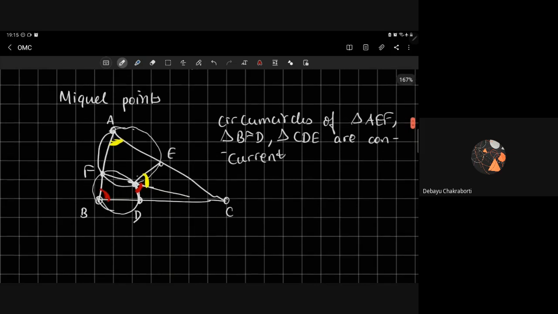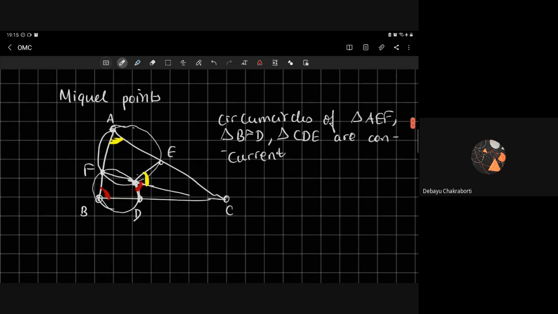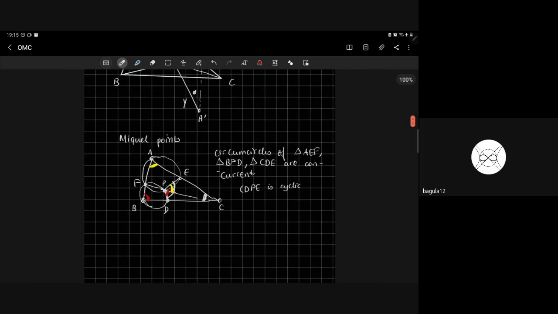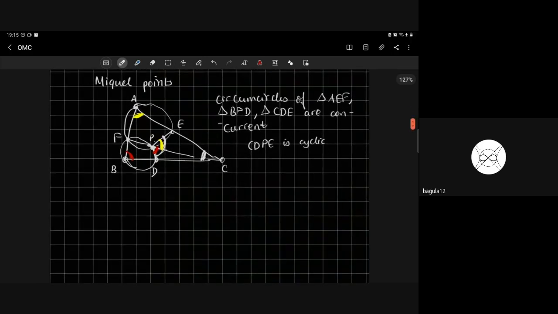Yes. So the angle C and this angle add up to 180 degrees. That must mean CDPE is cyclic. This point P is called the Miquel point of triangle DEF with respect to triangle ABC.